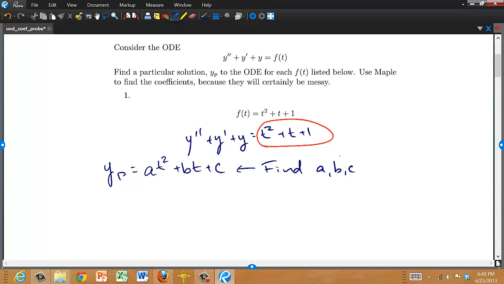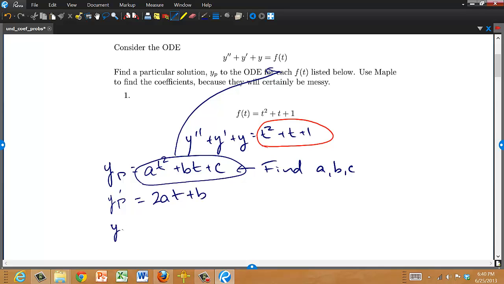Let's see. So what we want is a solution to this differential equation. So that means when I plug this expression into the ODE up here, I ought to have the two sides equal to each other. So let's see. If yp is at squared plus bt plus c, then yp prime would be 2at plus b, and yp double prime will be 2a.